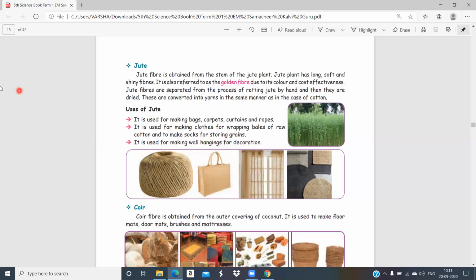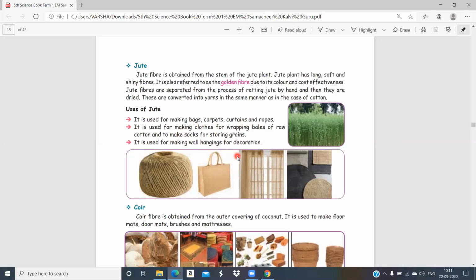And now we will see what the uses of jute are. It is used for making bags, carpets, curtains and ropes. It is used for making cloths, for wrapping bales of raw cotton, and to make sacks for storing grains. It is used for making wall hangings for decoration.